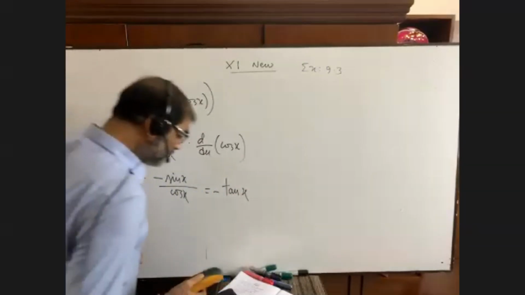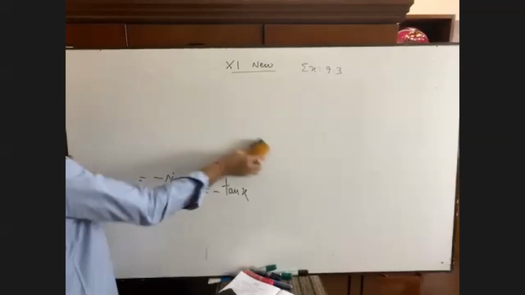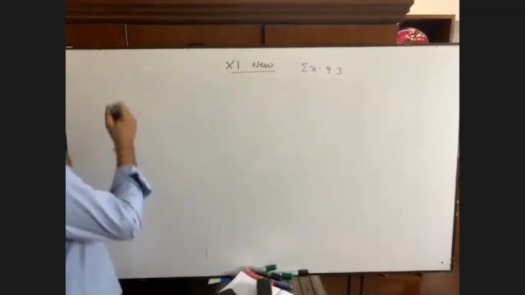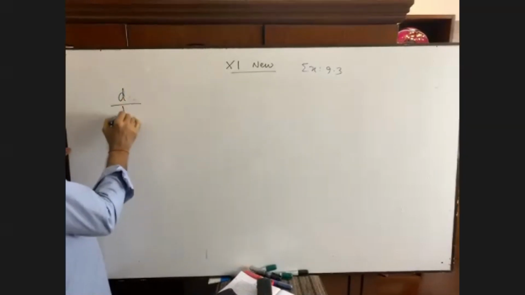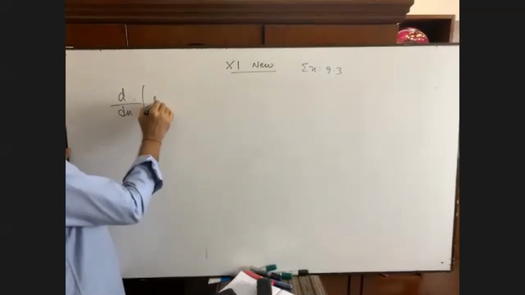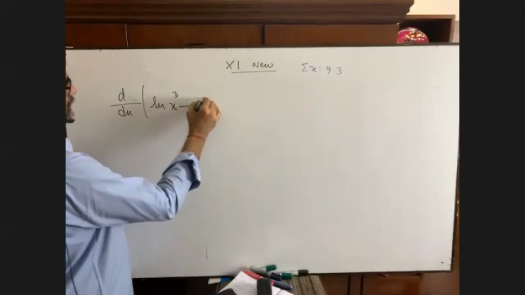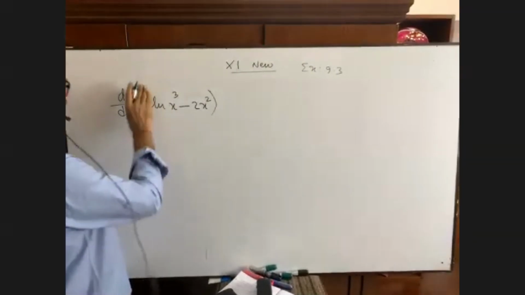Then d by dx of ln(x cube minus 2x square). Sorry, here is the bracket.